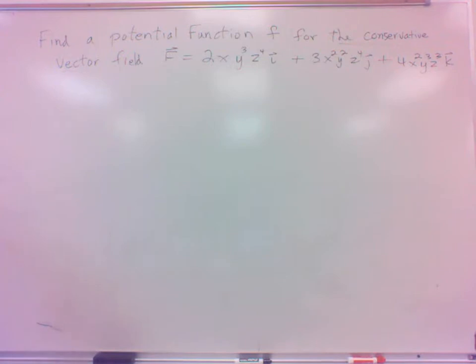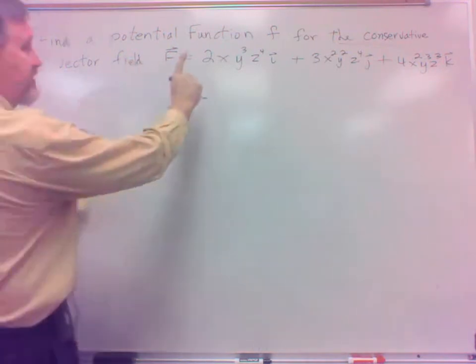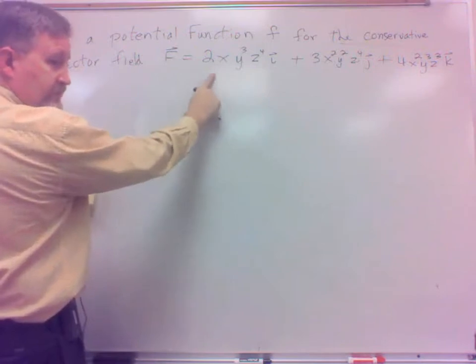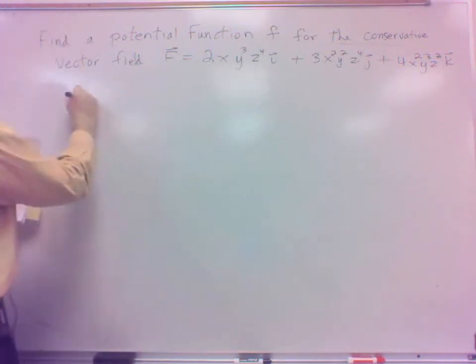But we're told that this is a conservative one, so we don't have to prove it. But I'm just letting you know that if you do, it's just showing certain partial derivatives are equal. But since we know it's conservative, we know there's a potential function for it, and so what we do is basically you set the i component part to be your partial with respect to x.